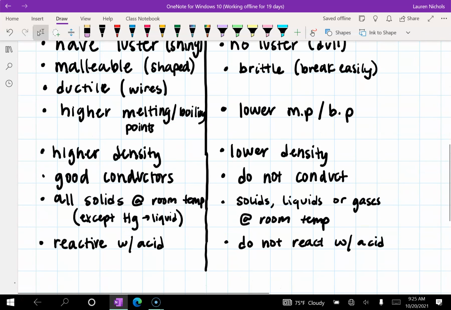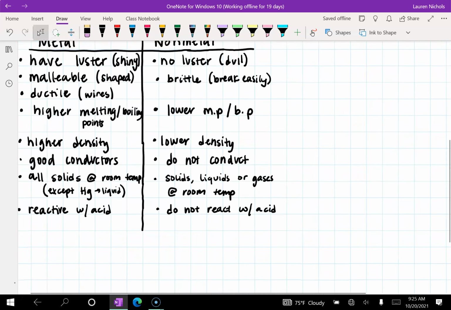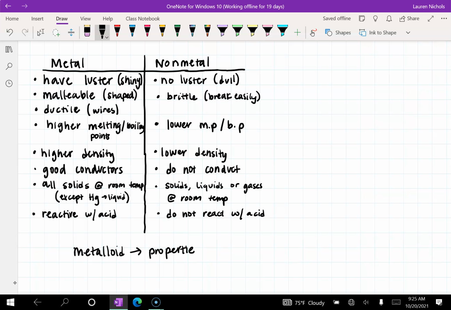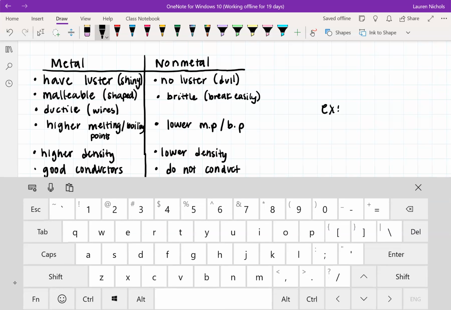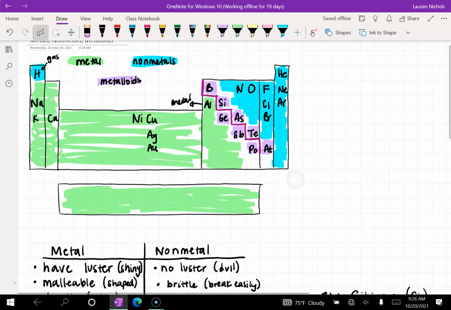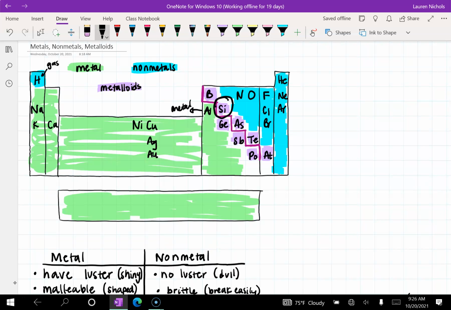The thing that we want to talk about with metalloids is that a metalloid is going to have properties of both. As an example, I want to describe to you silicon. Silicon is the symbol Si, and it's right here on the periodic table.